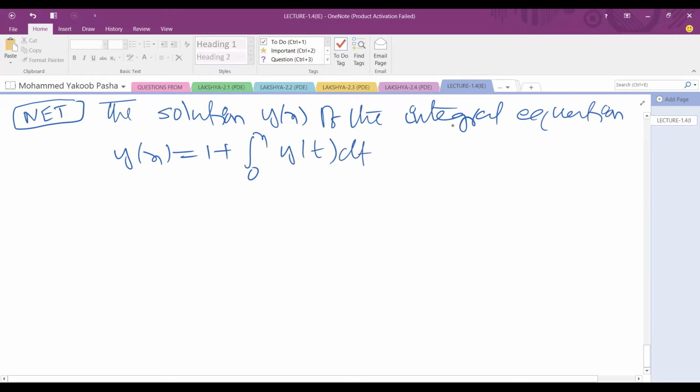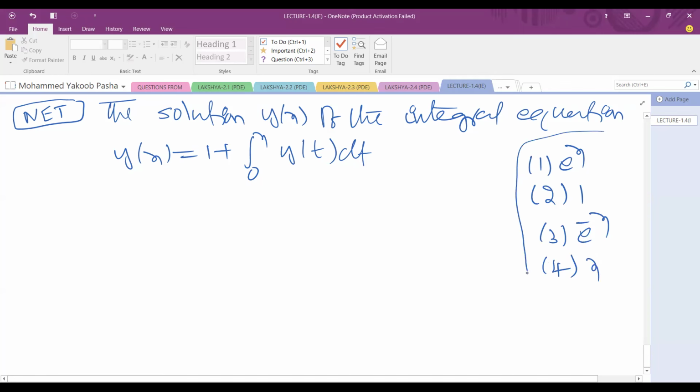We have options here. First option e power x, second option 1, third option e power minus x, and the fourth option is x. These are the four options.